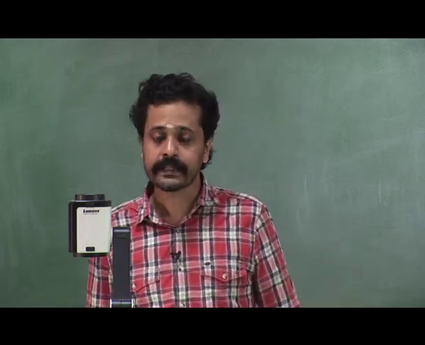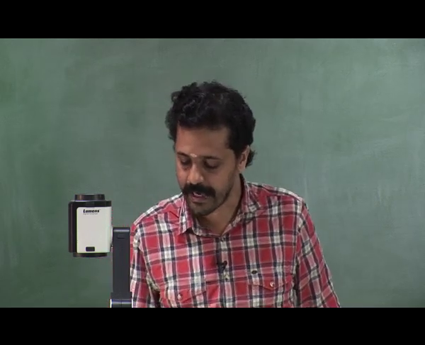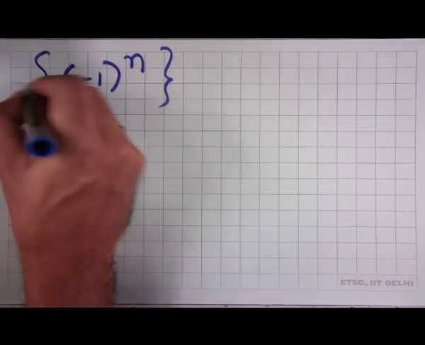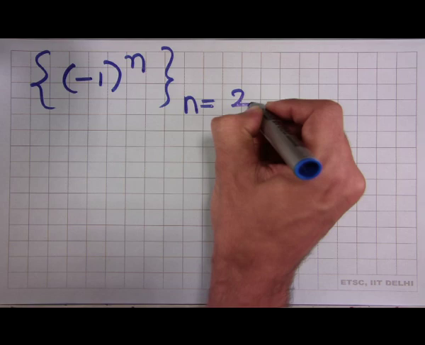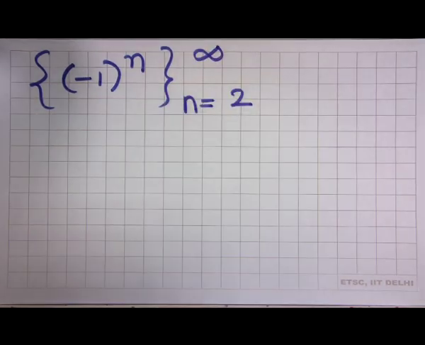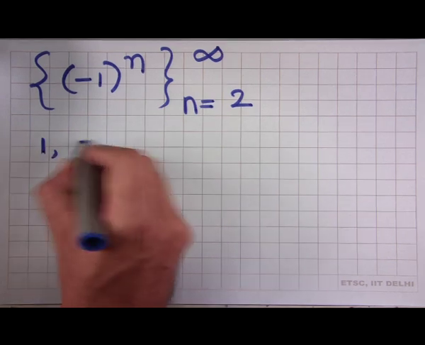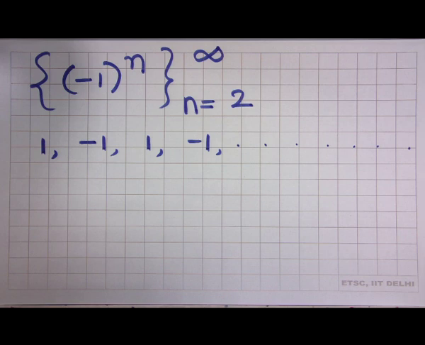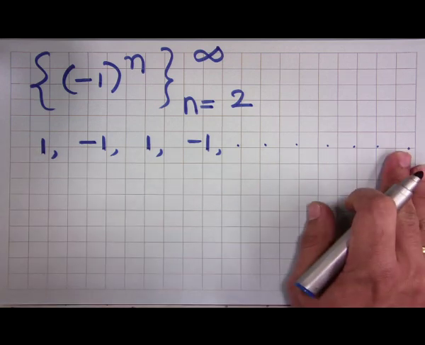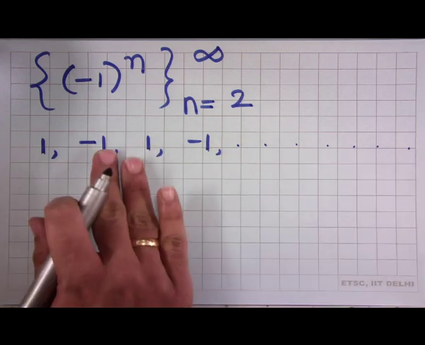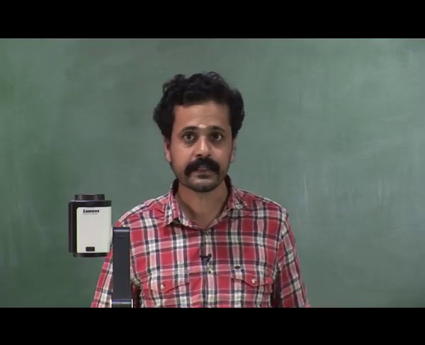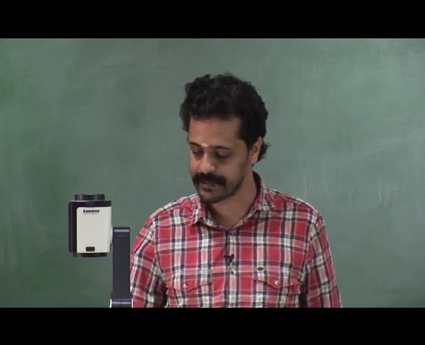Whereas for some other sequences like, say, minus 1 power n, n is equal to 2 to infinity, let us say, to be explicit, 1, minus 1, 1, minus 1, and so on, we cannot find a number L so that as we progress towards the end of the sequence, the terms of the sequence become close to this number L. Such a number L does not exist.